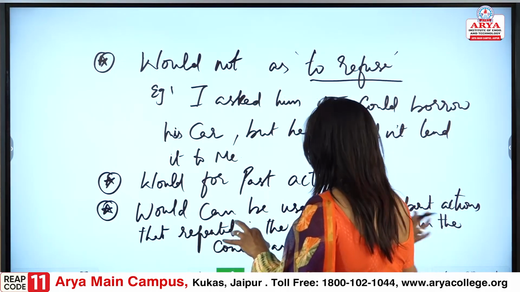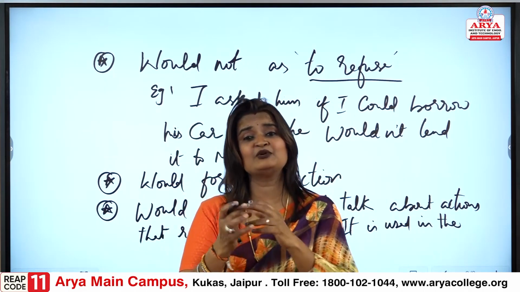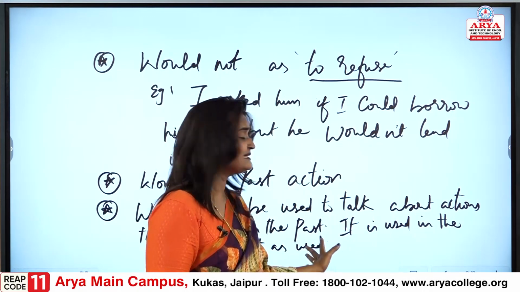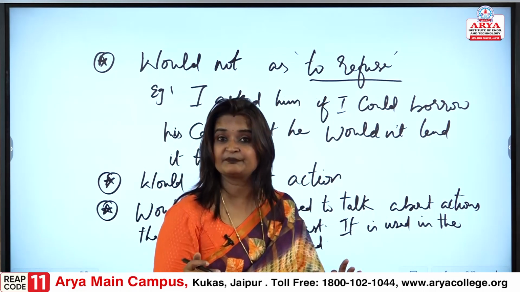It is used in the same context as used to, even when we say something that was already done in the past. So the same context, again, would can be used, fine.